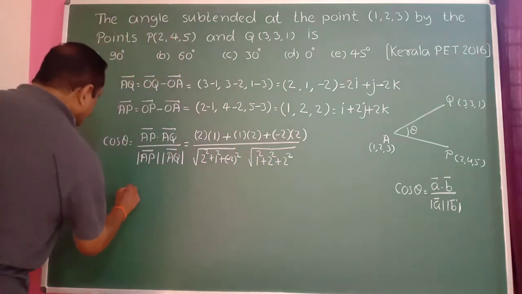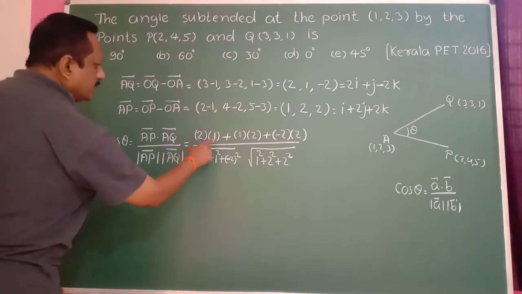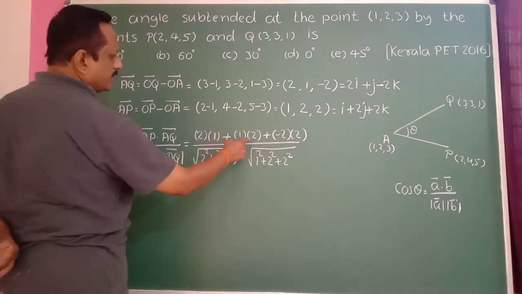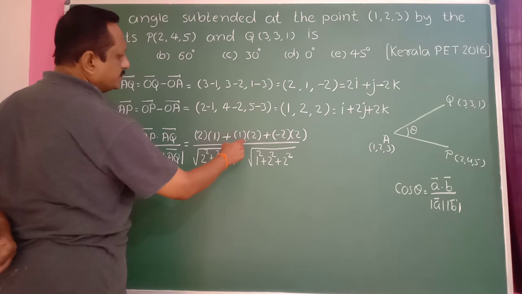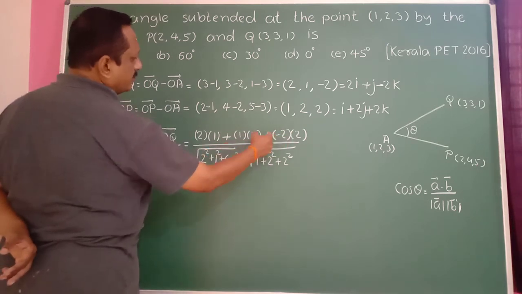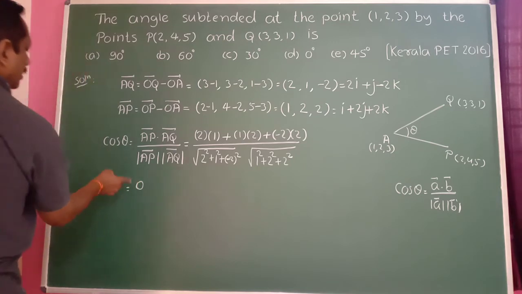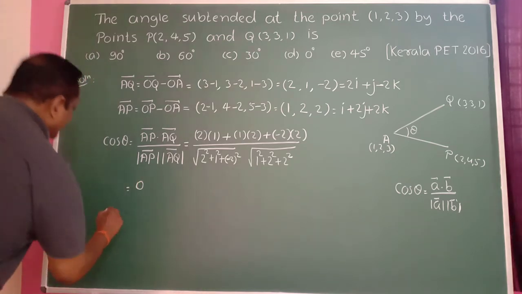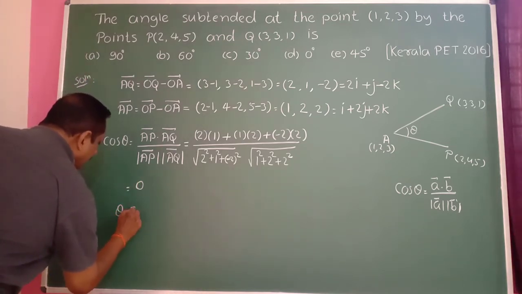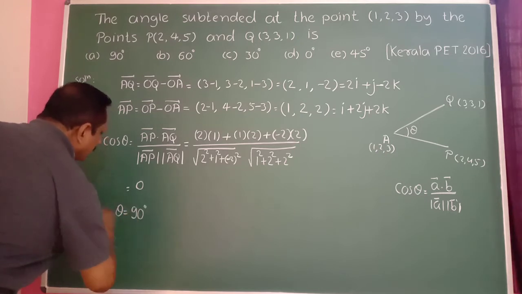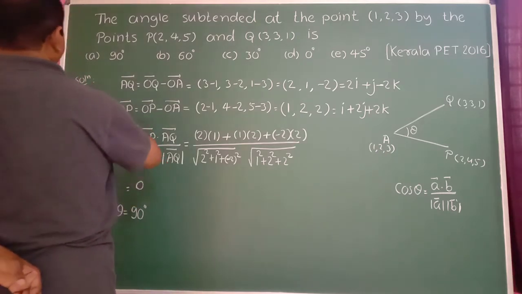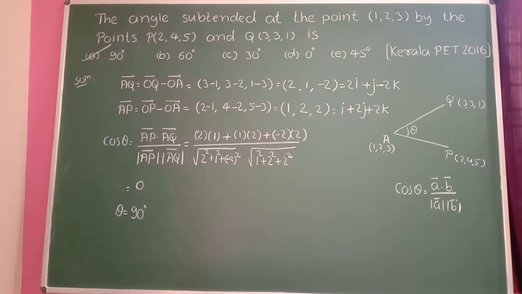So this is equal to 2 ones are 2, 2 ones are 2, 2 plus 2 becomes 4, 2 2s are 4, 4 minus 4 becomes 0. So cos theta is equal to 0, therefore obviously theta is equal to 90 degrees. First option is correct.